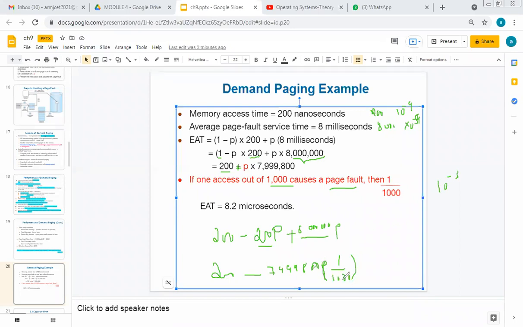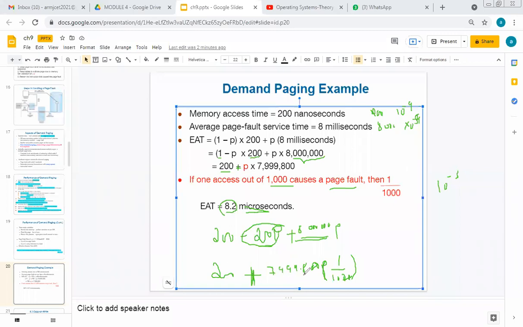So 2 zeros will cancel here and this will give us P. Now if we convert this into a middle unit, neither nanosecond nor millisecond but microseconds, we will get 8.2 times of, sorry, one more thing, it should be plus. Why? Because the higher value minus the smaller value gives a positive magnitude here. So 200 plus this much.